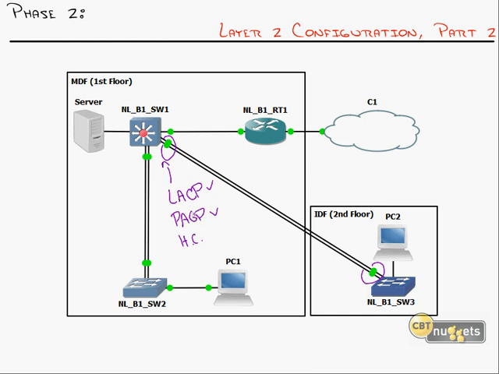Is one better than the other? No. They're literally almost the same protocol. It's just Cisco was first to the game with this EtherChannel concept, so they came out with their proprietary PAGP, and then the industry caught up and created an industry standard, LACP. This is the more popular protocol nowadays just because every vendor supports it.